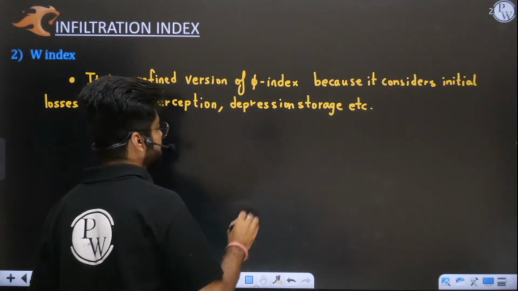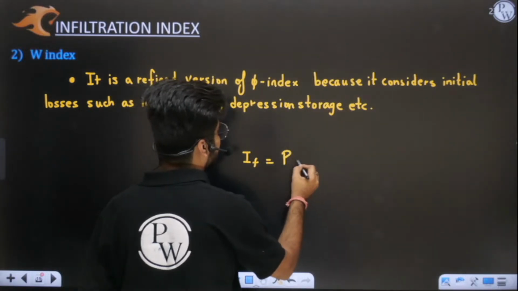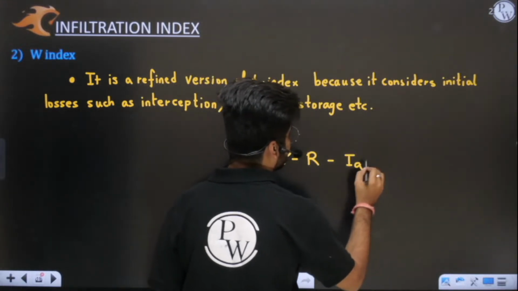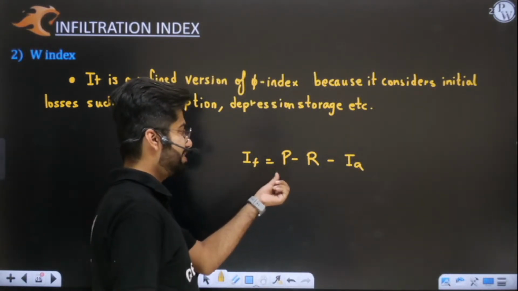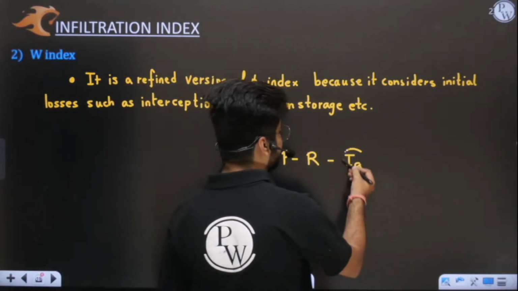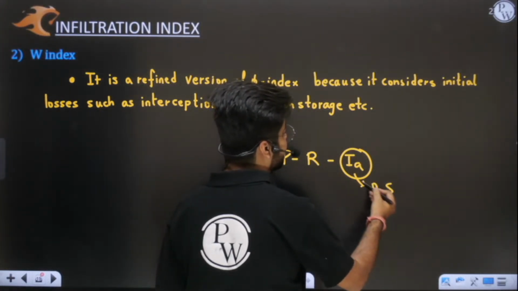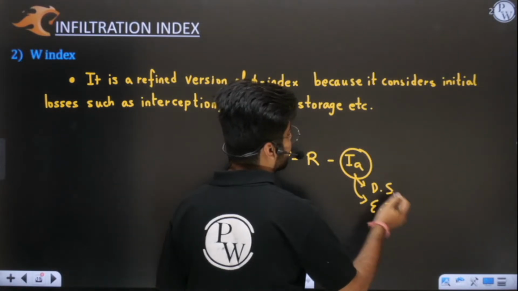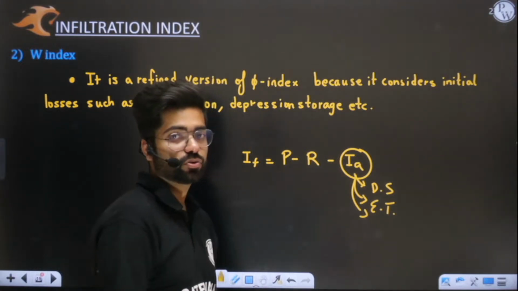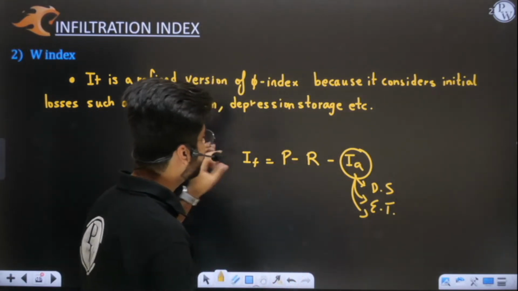You all know that if you want to find actual infiltration, then out of total precipitation, you have to subtract runoff, but you also have to subtract some initial losses. Some part will obviously go into runoff, that is for sure. But some part is also going into interception, some part into depression storage, some part into evapotranspiration. So out of total rainfall, we have to subtract runoff, but some initial losses are also there. Whatever water remains will go into the ground.